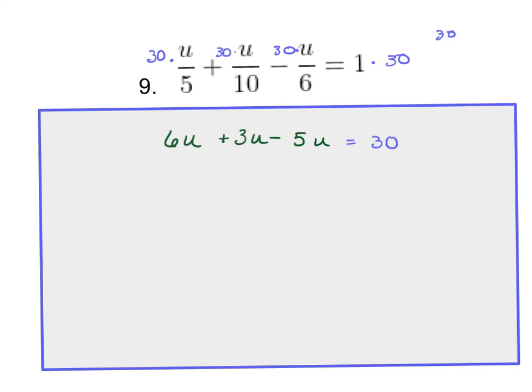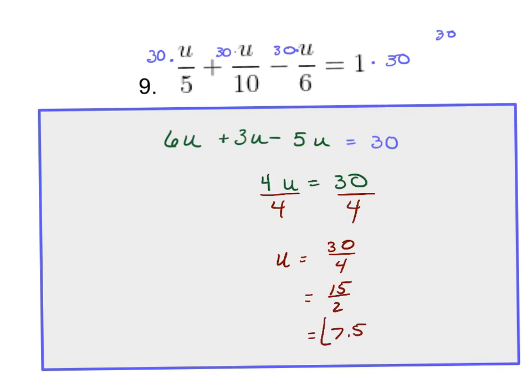And now it becomes easy. It's 6 plus 3 is 9. 9 minus 5 is 4u equals 30. I divide by 4, and u is 30 over 4 again, or 15 over 2, or 7.5.